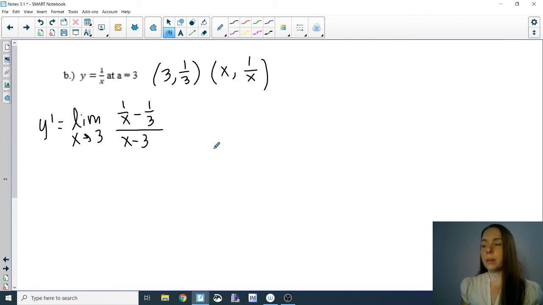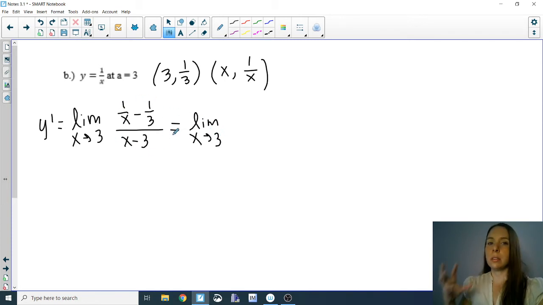Okay, so now what? Well, let's do that thing that we did in example 1C. Bring along your limit, where we can eliminate this complex fraction if we just take each part.